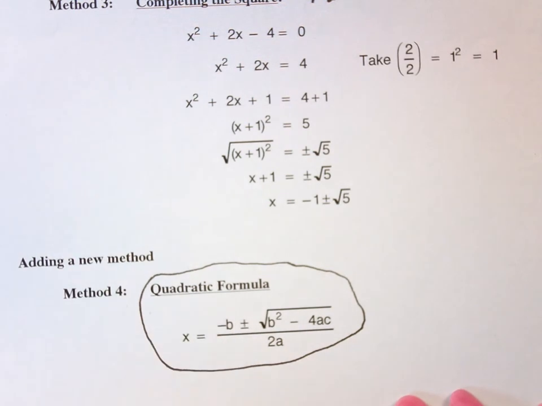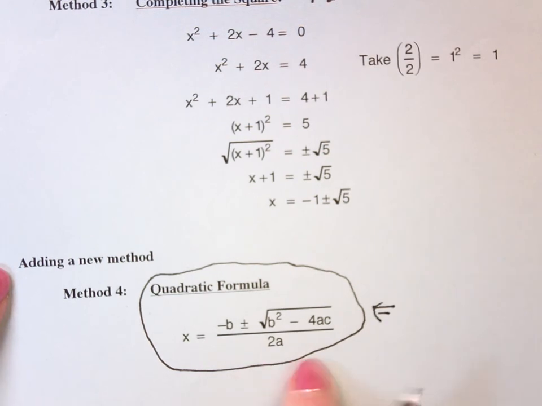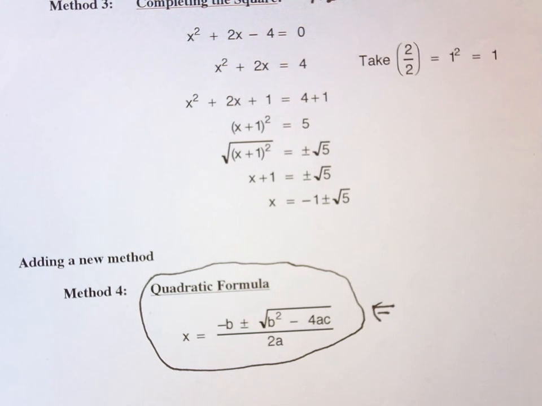I'm not going to hold you responsible for this, but you might kind of wonder, where in the world do these people come up with these things? It has been proven, by the way, there is a formula if you had the highest power being 3, for a cubic.